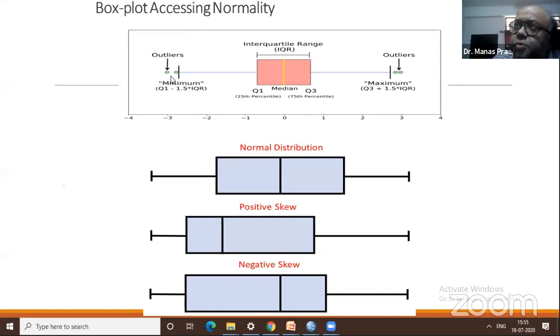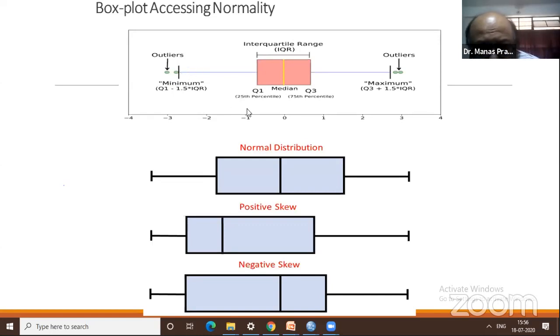Extreme observations means, suppose I am collecting marks from a student on 5 subjects. Suppose in mathematics he got 60, in science he got 50, in social studies he got 60, like this, and in advanced mathematics he got 0. So 0 is an extreme observation. This is called an outlier.